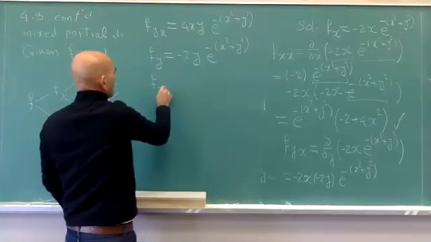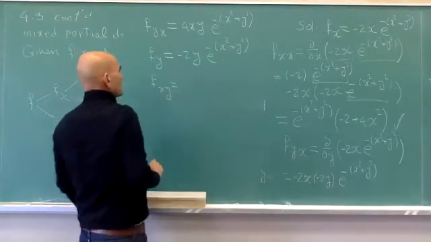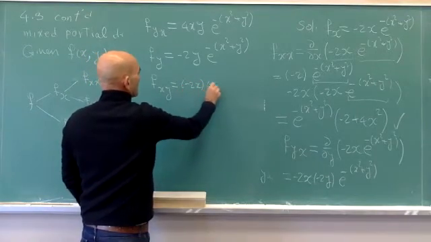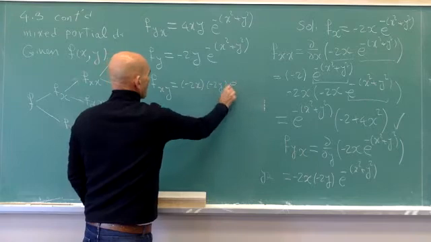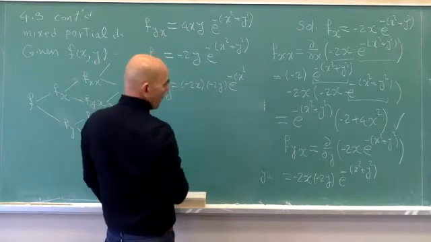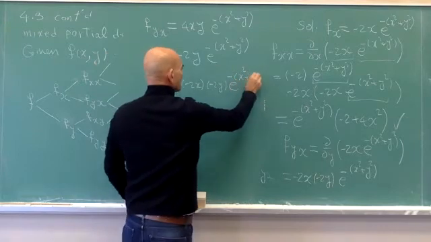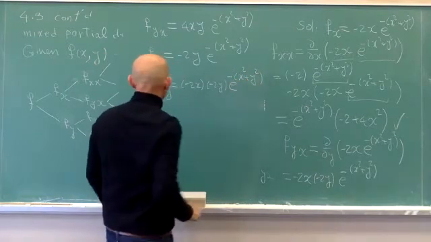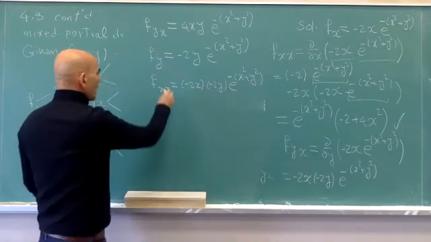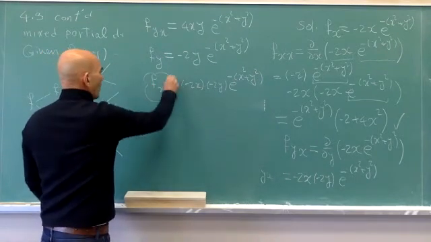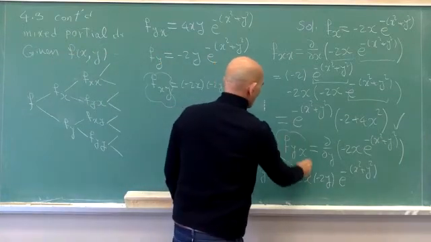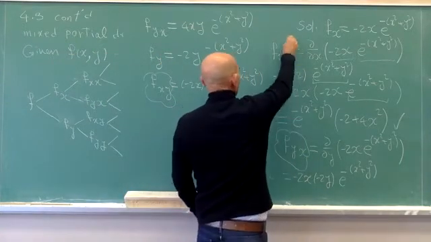And fxy is equal to negative 2x, negative 2y exponential of negative x² plus y². Okay, so we are done. We calculated f sub xy, we calculated fyx, and we calculated fxx.